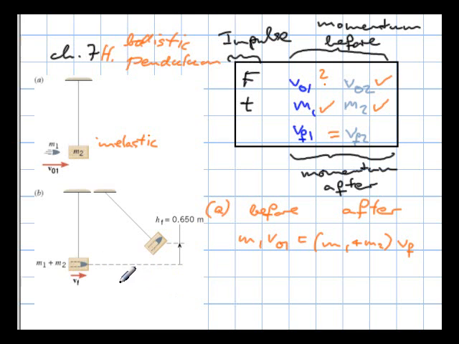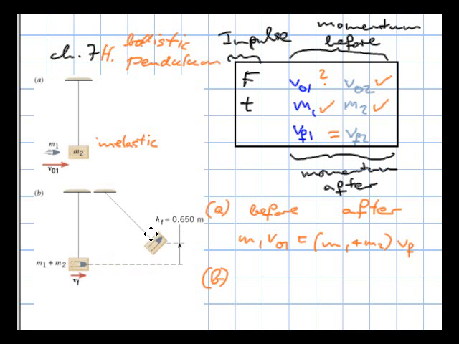So part B, maybe I'll write this over here. Part B. Well, what we have here in part B is that it swings up, and that means the kinetic energy it has after the collision, which we don't know, then becomes a potential energy after the collision.